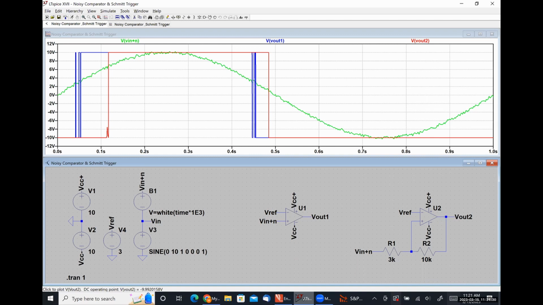And just to remind you of what we're expecting, our upper trigger limit is between 6 and 8, so somewhere close to 7. Our lower trigger limit is between 0 and 2, so somewhere close to 1. And I'll show you how to look at that more specifically in LTspice in a few moments here.